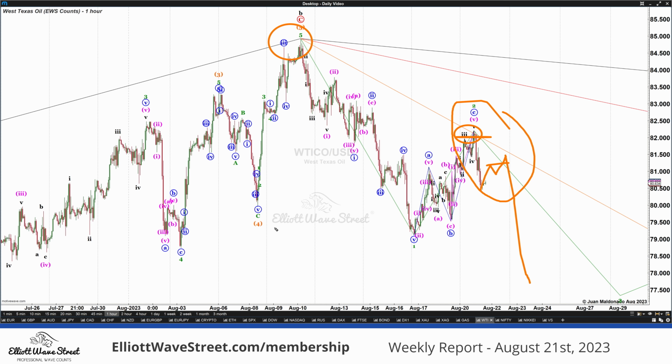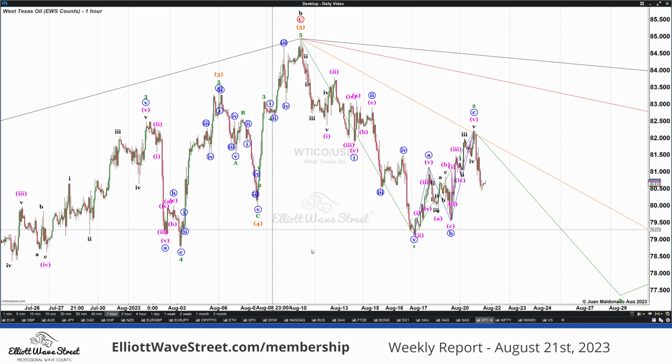On Elliott Wave Street, you are going to learn Elliott Wave, you are going to learn institutional cycles, you are going to learn how to transform the information into good executions, good setups, good turning points with low risk, and always having a good advantage that even if you are wrong, you can have a little loss or most of the times a break-even trade. And that's a huge benefit when you learn this technique.